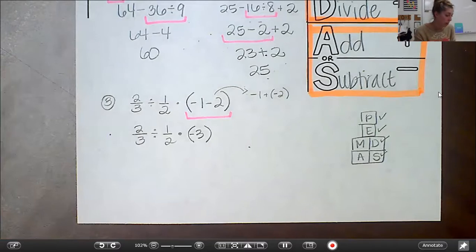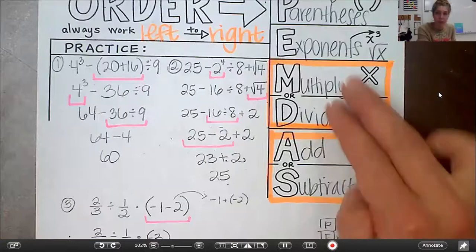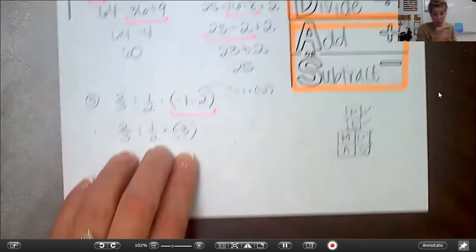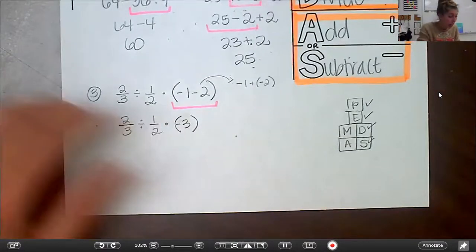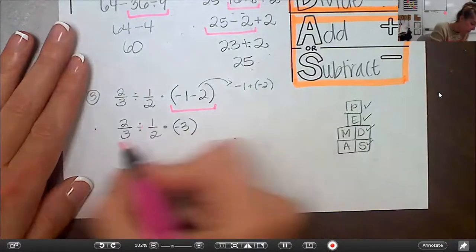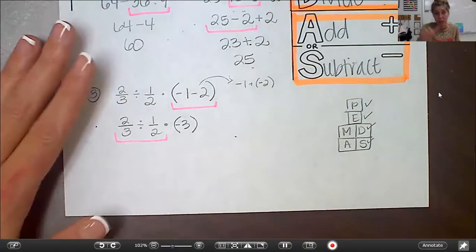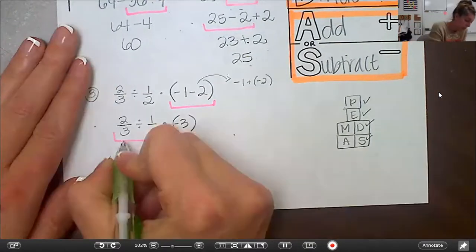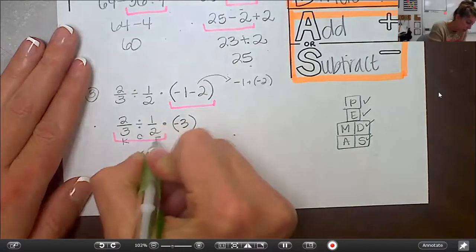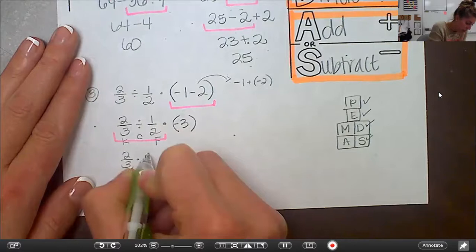Okay. All right, so here's a perfect example of, I've got multiply and divide in the same row, and that's all I have, right? So now I need to work left to right. So the first thing I'm going to do is divide. For dividing with fractions, keep, change, flip. We did that yesterday on our quiz. Keep the first, change the sign to times, and flip.